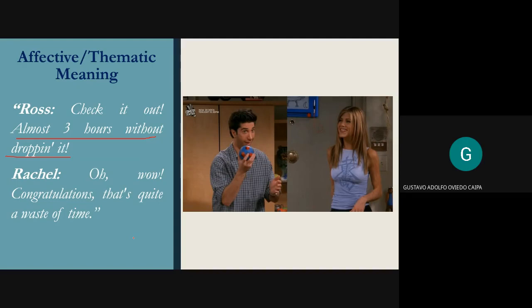It's quite a waste of time. It's pretty clear from the interaction of these two that she's not completely in agreement with the way they're spending their time. So that would be one, affective in the way that Rachel is speaking, and thematic in the way that Ross is organizing his information when he speaks.